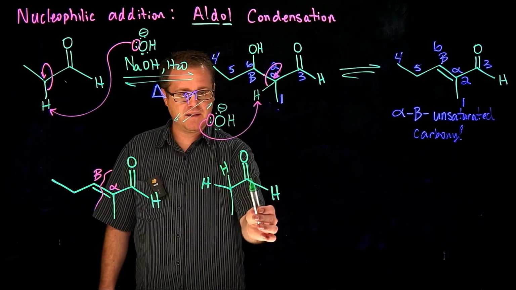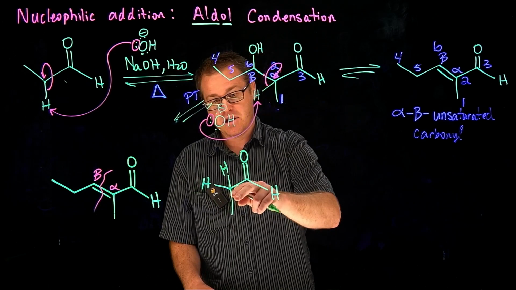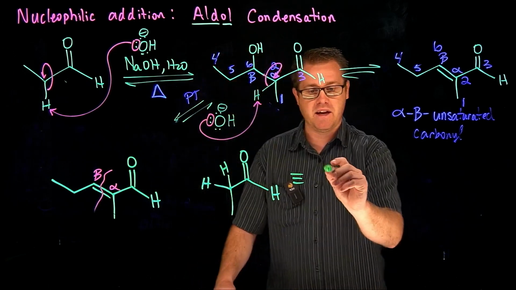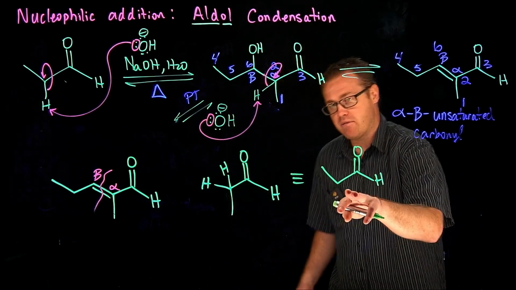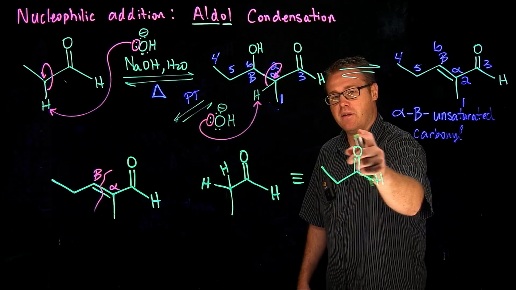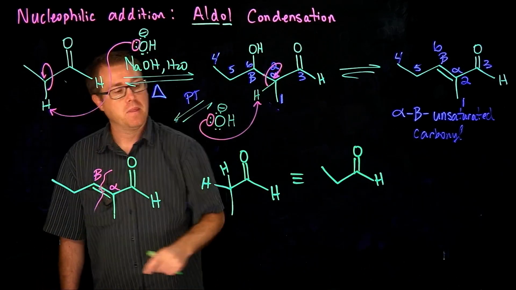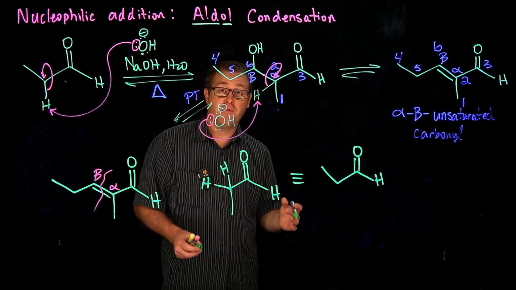So that piece, when I take this bond now and just bring it up, do you see how this representation right here is that representation? And do you see how this matches? Okay? So being able to look at the molecule in different ways.